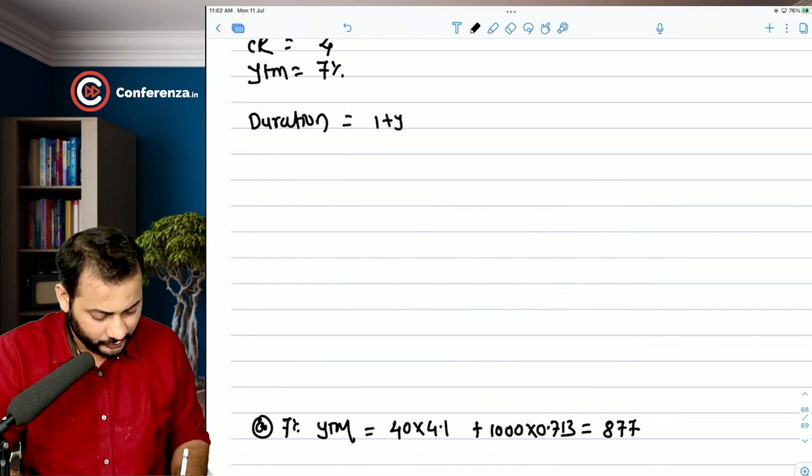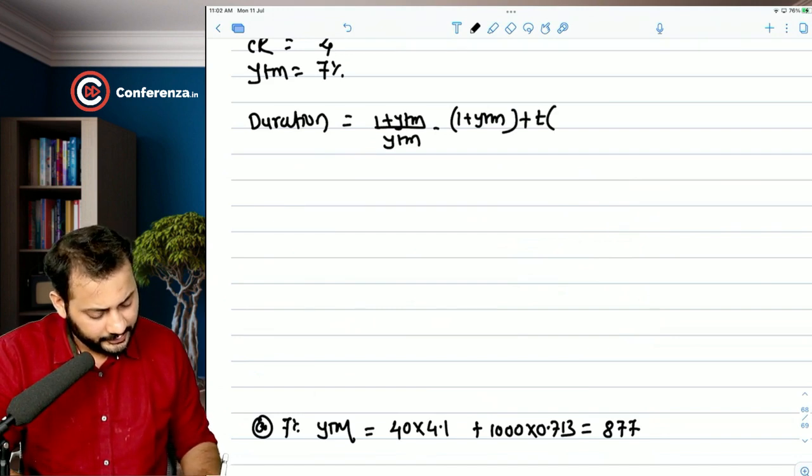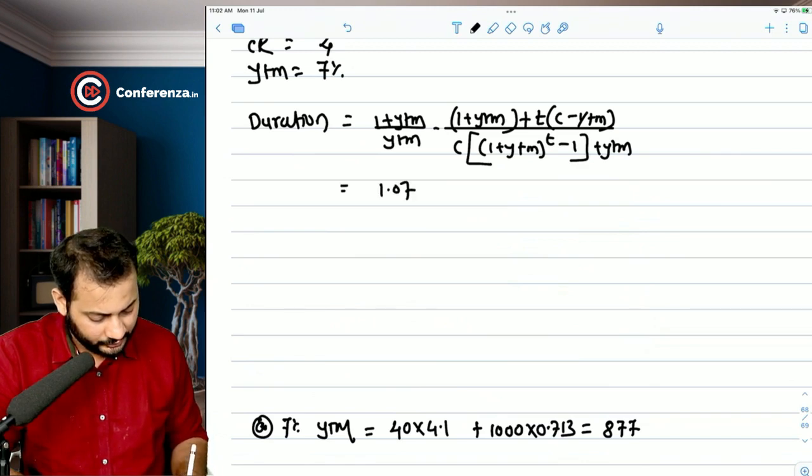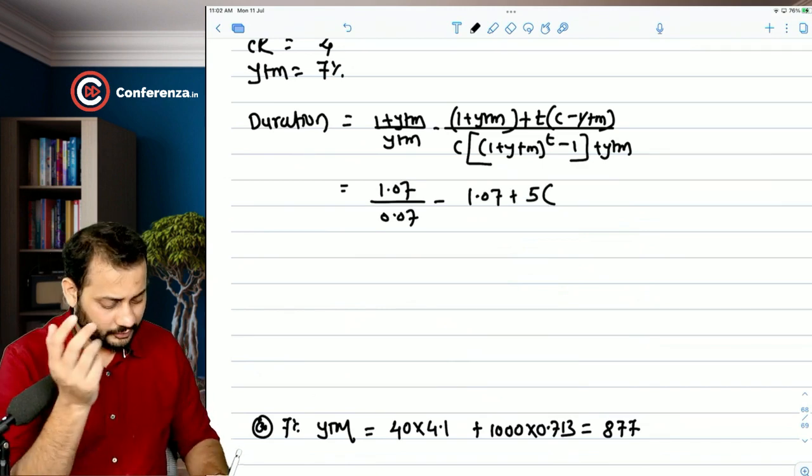Duration is equal to, I will go with the formula, (1 plus YTM) divided by YTM, minus (1 plus YTM plus T times (coupon minus YTM)) divided by (coupon times ((1 plus YTM) to the power T minus 1) plus YTM). So it's 1.07 divided by 0.07, minus 1.07 plus 5. Tell me if I'm wrong.